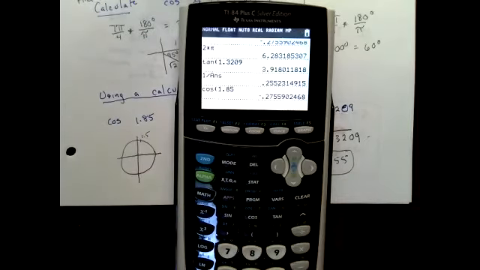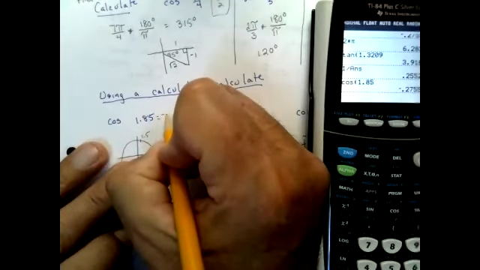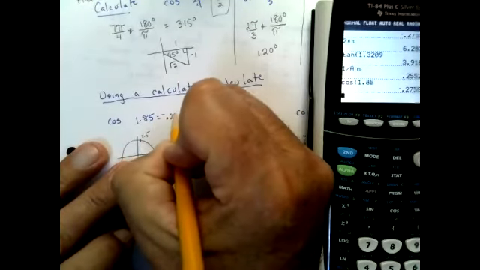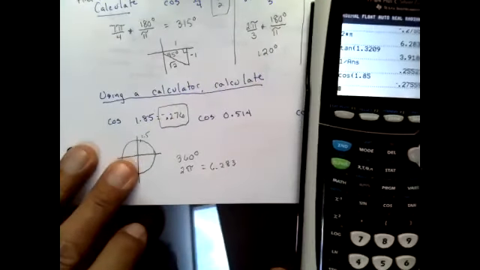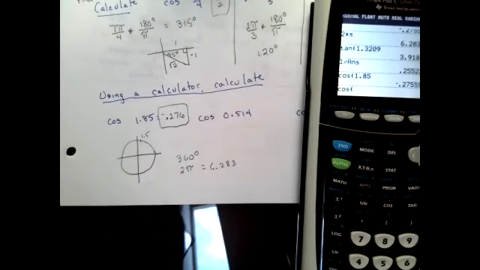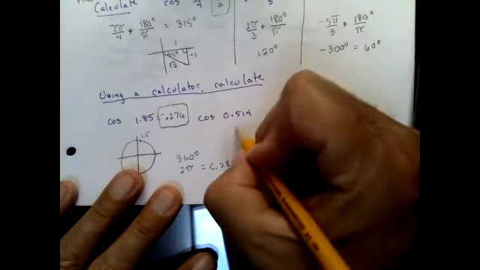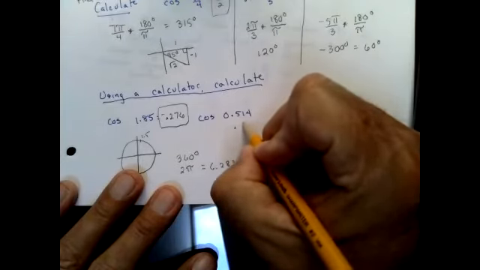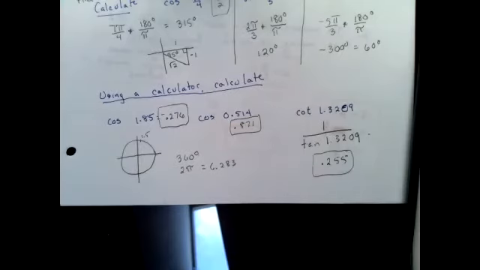Negative 0.276. Final answer, I'm going to box that in. The second one, the cosine of 0.514. Enter. 0.870. Not 0.870, 0.871. We round up. 0.871. Does that help, Ethan?